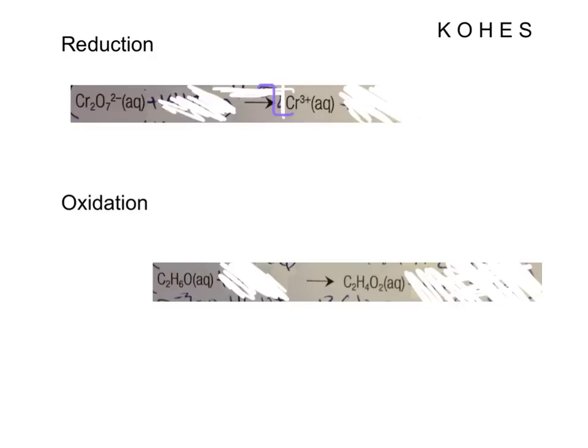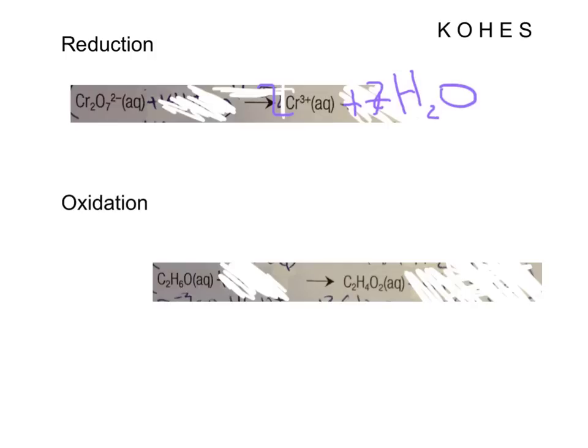Now let's balance our oxygens, and we balance the oxygens, remember, by adding, yes, water. Okay, I hope you said that. For the reduction, on the reactant side, we have 7 atoms of oxygen, so we need to add 7 molecules of water to the product side.